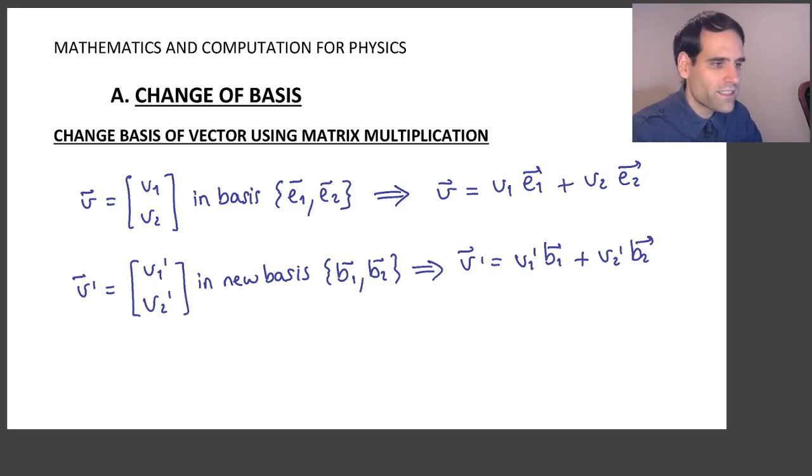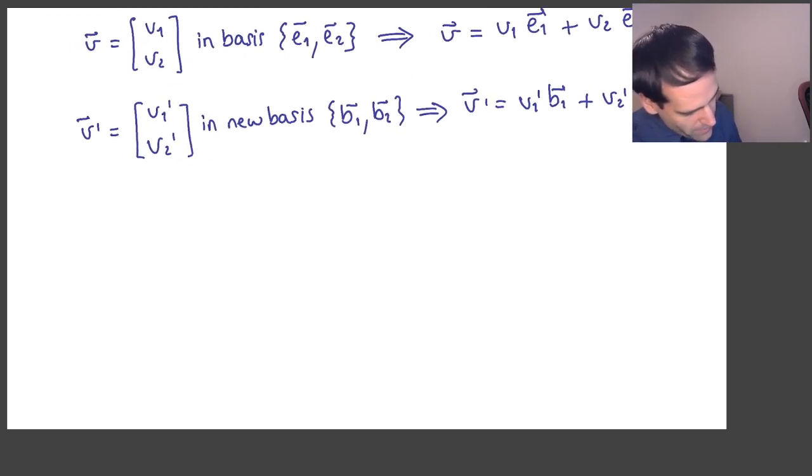Now, how do you convert from one basis to another? Well, you learned how to do this in the first chapter of the module by solving a linear system of equations. But here we're going to solve it in a different way. We are going to use matrices. So the way we do it is we use a change of basis matrix.